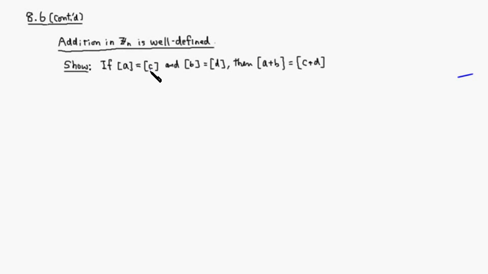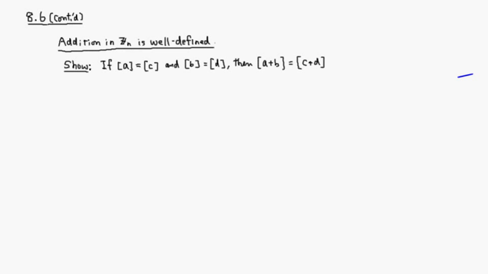For the same equivalence classes, we might have different representatives. Of course, these are different numbers, and when you add them together, they're going to give different sums. But we need to make sure that the resulting equivalence classes are actually the same.